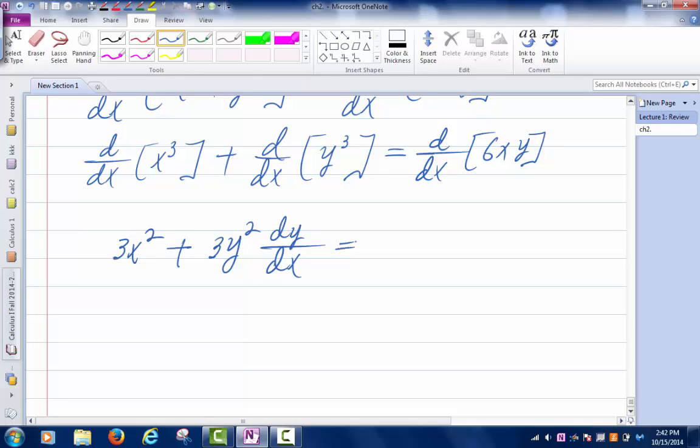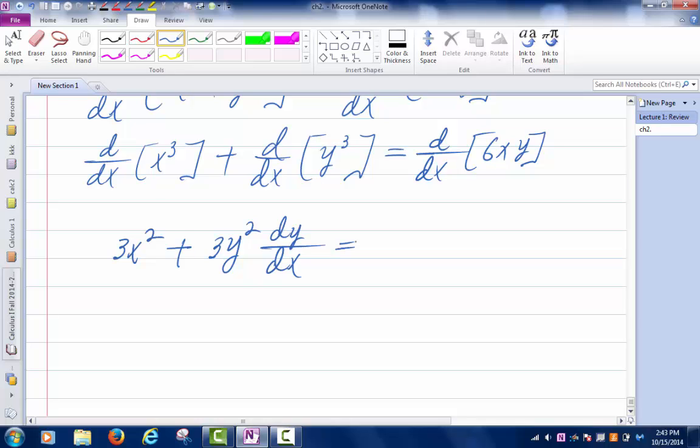And what's the derivative of 6xy? Here, usually people make a lot of mistakes. Remember, you are trying to find dy dx. That means you are viewing y as a function of x. You don't have an explicit formula for y in terms of x, but you are viewing y as some function of x, right?